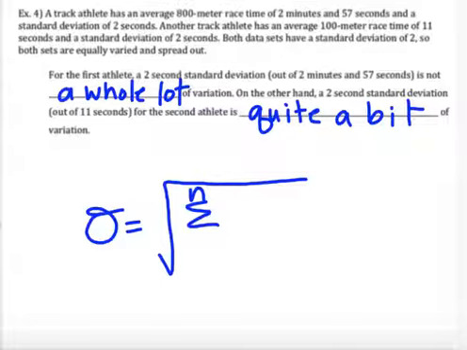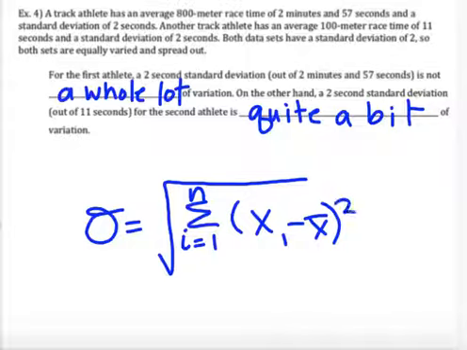And remember how we said there was x pieces? We can also call that an n. And we have this little i equals 1. And what are we going to sum up? We're going to sum up all of those x's. We're also going to subtract each of those x's minus the mean and square them.